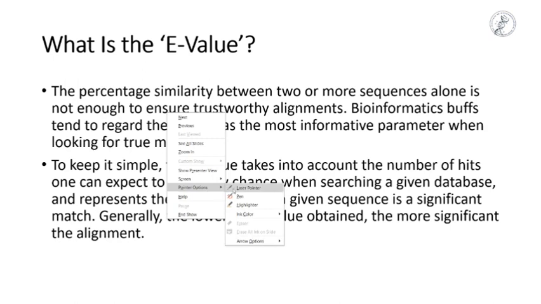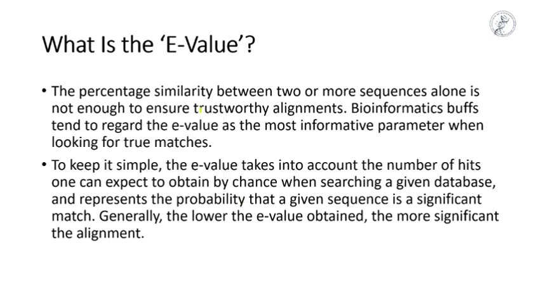What is E value? The percentage similarity between two or more sequences alone is not enough to ensure a trustworthy alignment. So bioinformatics buffs tend to regard E value as the most informative parameter for looking for true matches.